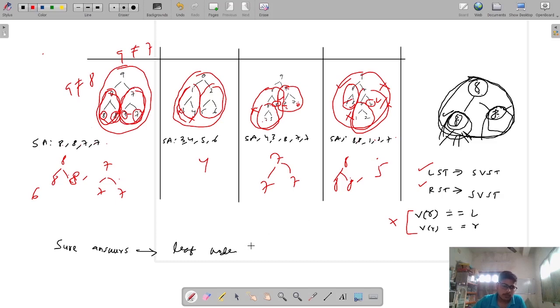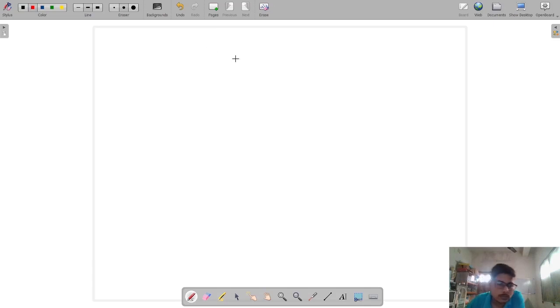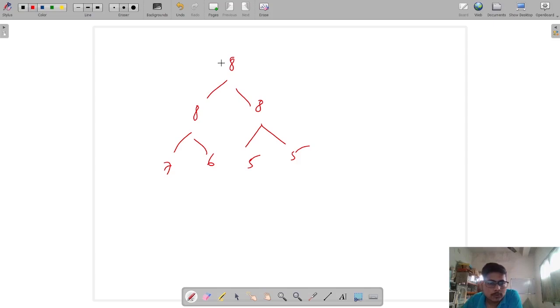So let's code first. So what our actual goal is, suppose taking this one, 8 8 7 6 5 5. What we are going to do is we are going to traverse the tree like this, and if we get a leaf node, we will return the count.